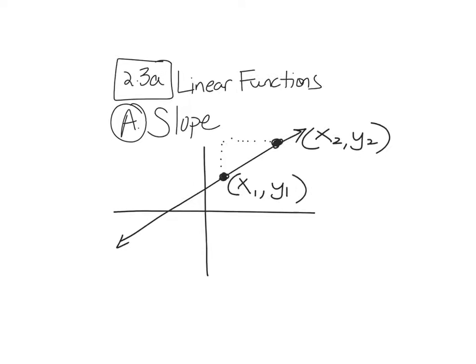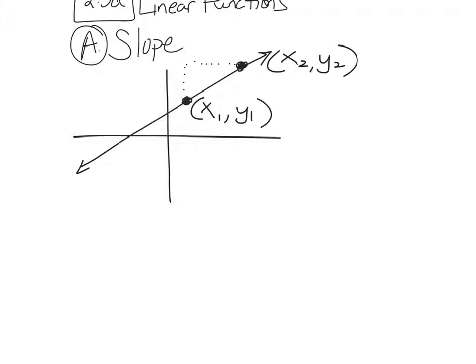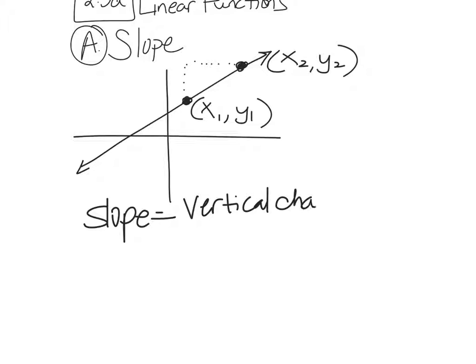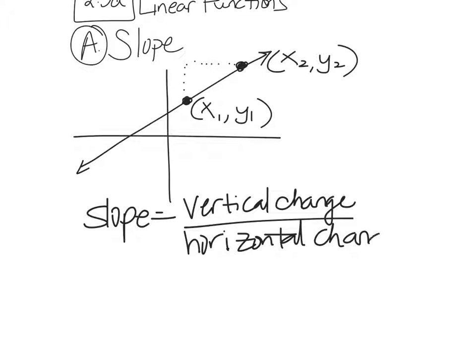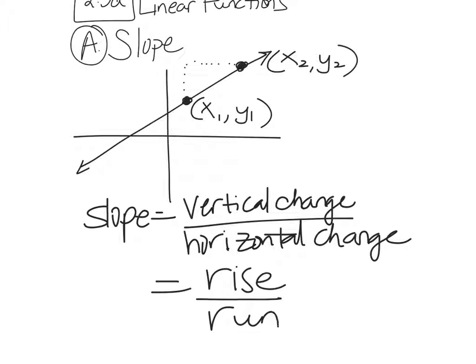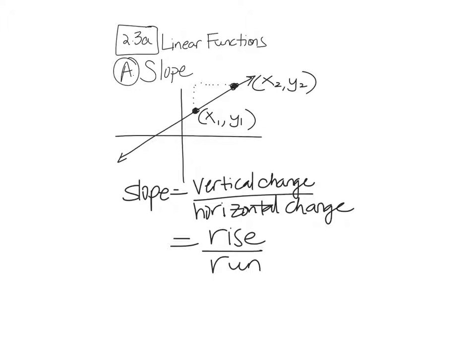Slope is equal to the vertical change over the horizontal change. And you know this better as rise over run.